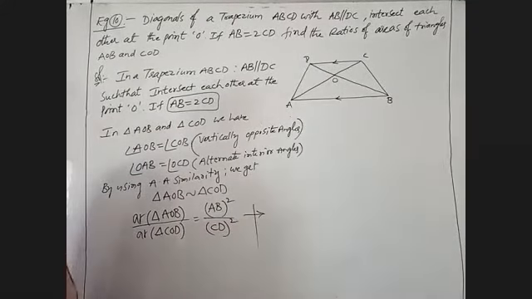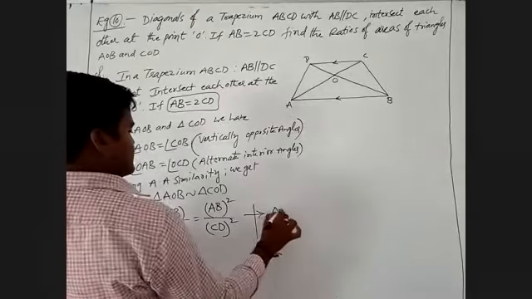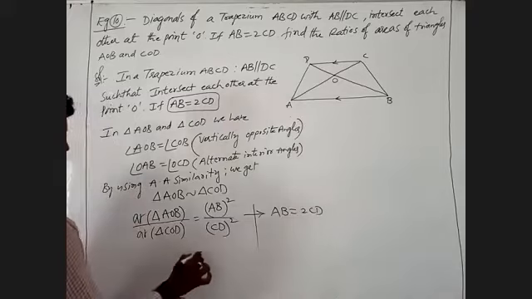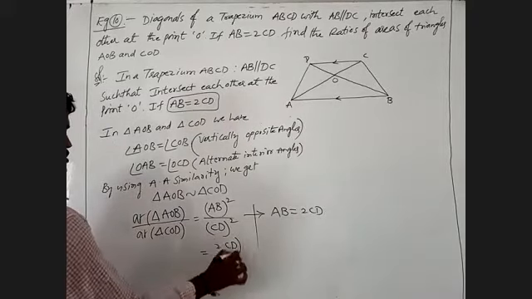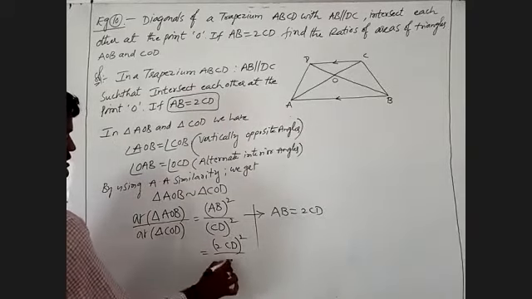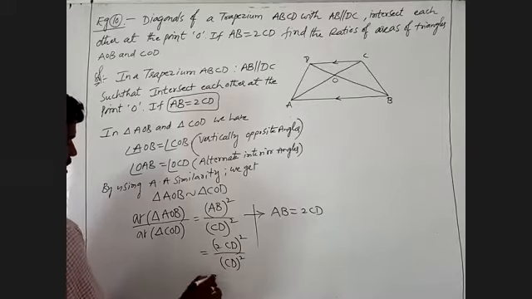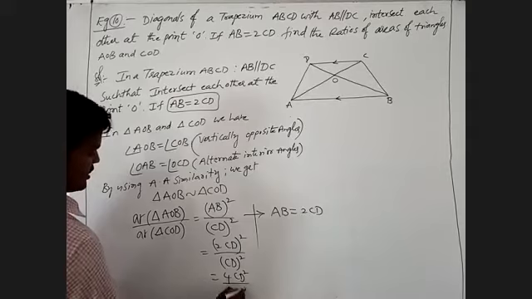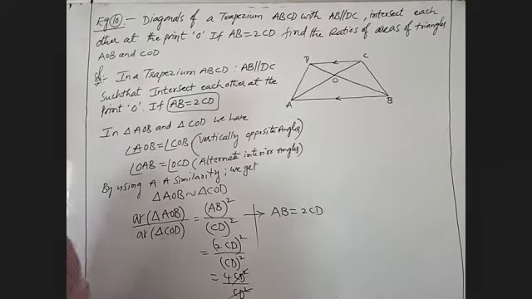By the problem, AB is 2 into CD. This we write as 2 into CD whole square by CD whole square. Expanding, 4 CD square by CD square, and CD square cancels.